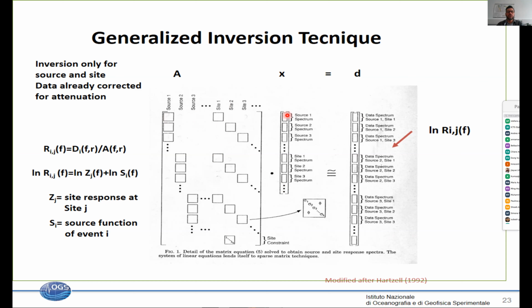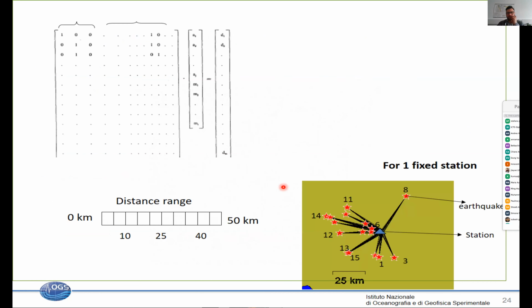And my unknowns will be the spectral amplitude at that frequency for the source and for the site. So using this method, we are able to start from the original spectra, from the recordings, and separate the different contributions of path, of source, and of course, our main interest here, the site effects.